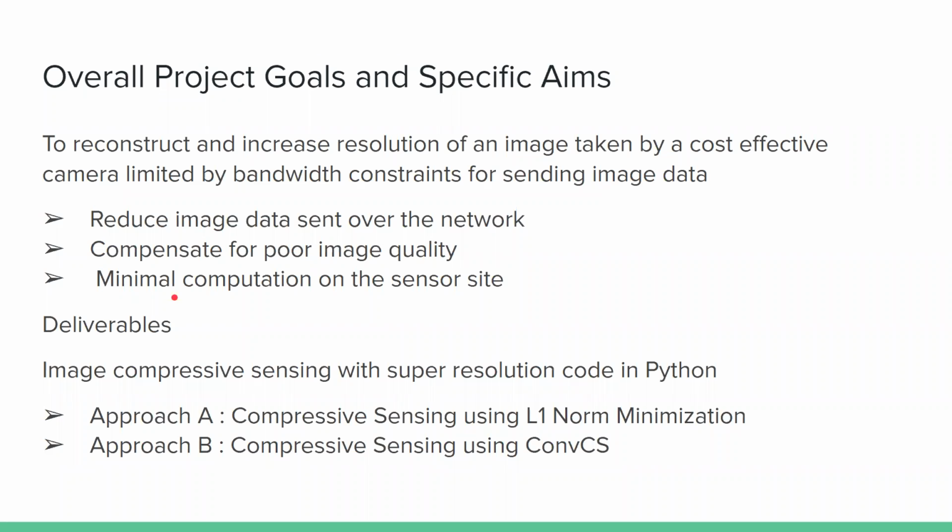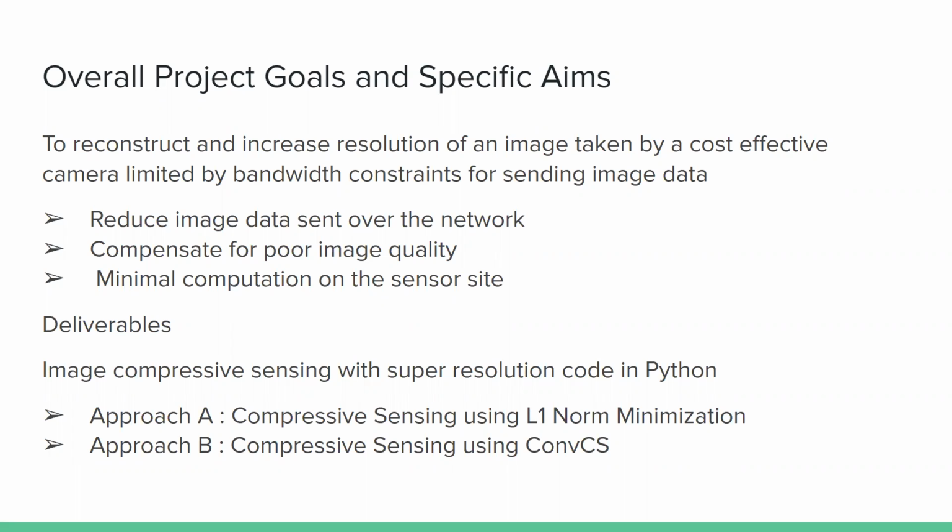So in this project, our overall goal is to reconstruct and increase the resolution of an image that is taken by a very cost-effective camera, and the camera has really bad bandwidth and hardware constraints on site.